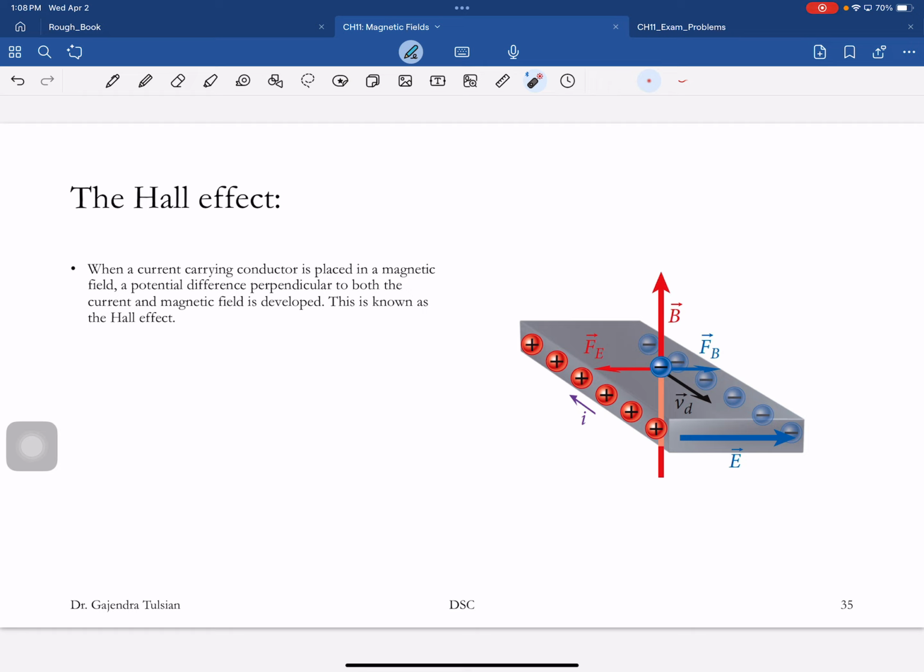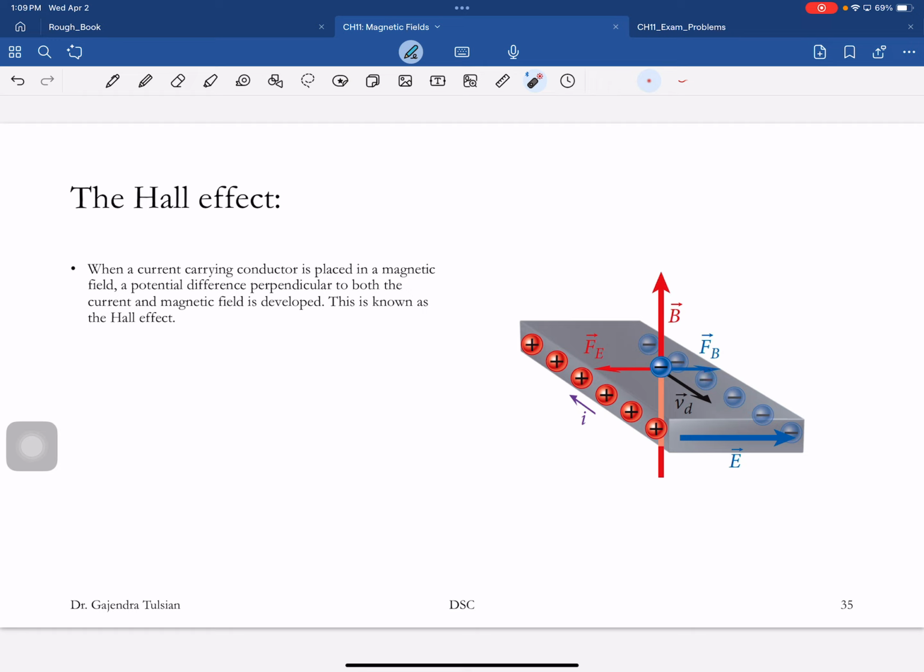Now, when the electron is moving in this direction, V cross B would be in that direction, the force would be in that direction for a positive charge, but since it's an electron, the force on it is in that direction. And a bunch of electrons will collect over there, and this side becomes positive.